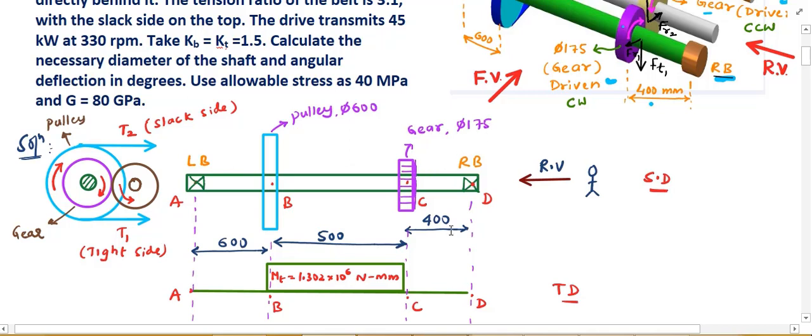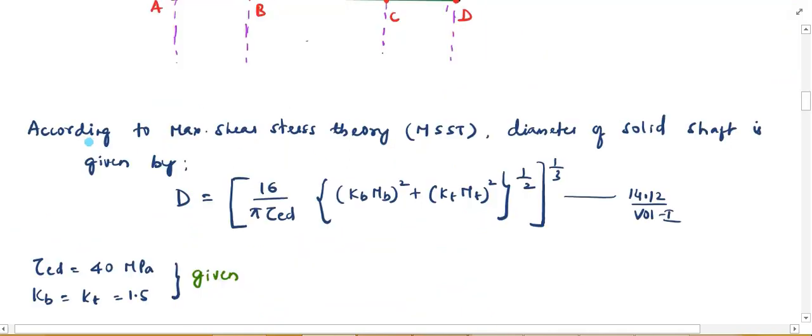Behind this gear you have one more gear, which is indicated in the right side view. Behind this pulley you have one more pulley, and since it is a belt drive I will not show that pulley.